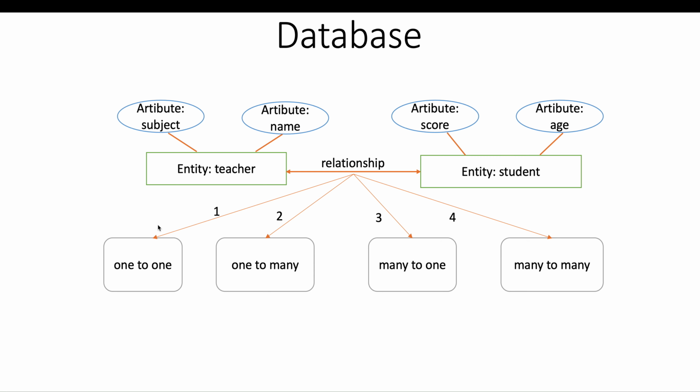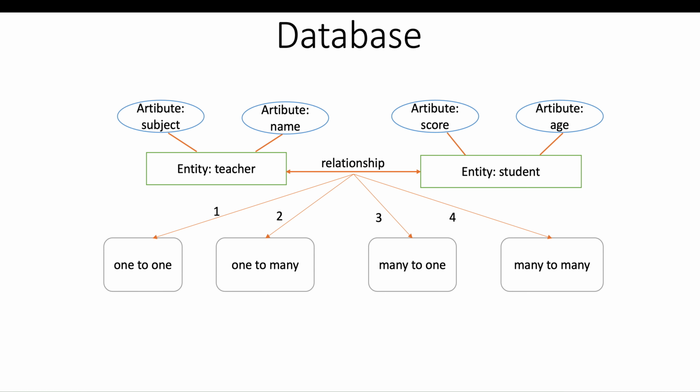The teacher can have a name, like me, I have a name called Fanny. It's the same as student. A student can have different attributes, like the student's registration number, the student's score for a selected subject, or the student's age, and so on. So that's the relationship in a database.